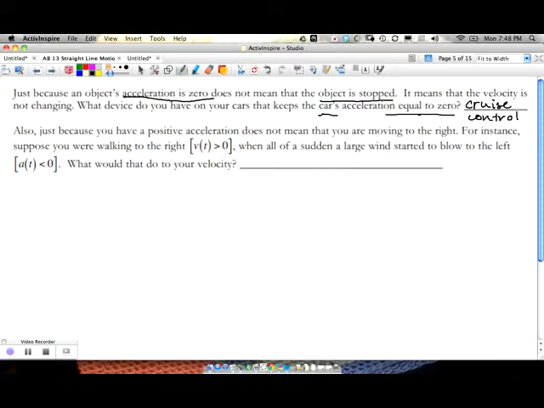Okay, so for example, let's say that I'm here. Okay, let's make a happy face here. So here's our happy face. Boom. And this happy face is encountering some wind.